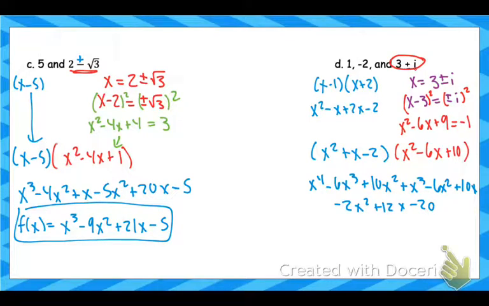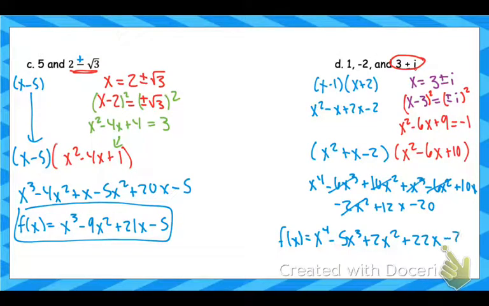Combine all your like terms. So I get x to the 4th minus 5x cubed plus 2x squared plus 22x minus 20.